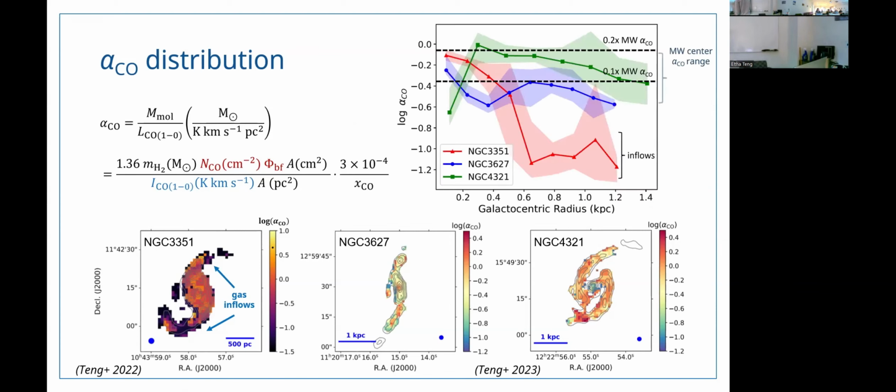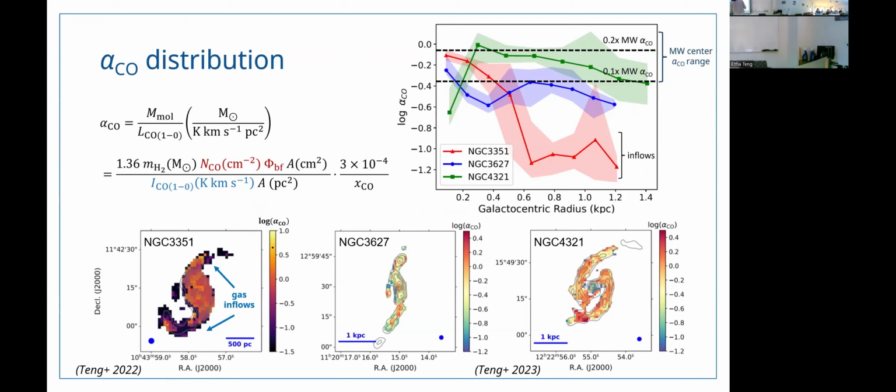But more clearly, I want to show this plot, which is a cross comparison of the three galaxies. You can see how their alpha CO varies with the galactocentric radius. First of all, you can see that all the pixels in our observed region have much lower alpha CO than the typical Milky Way disk value.